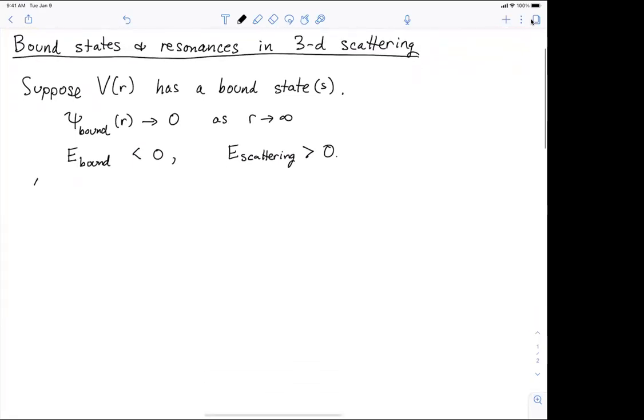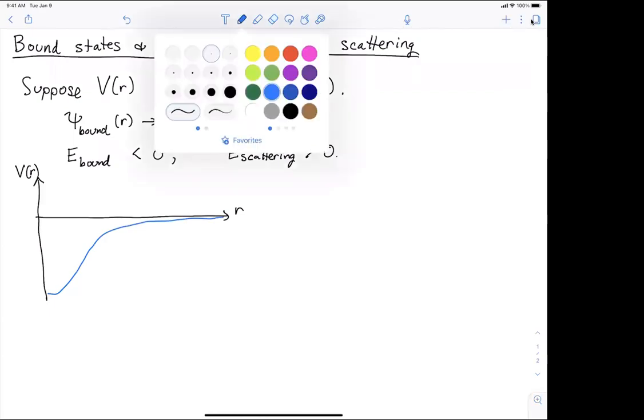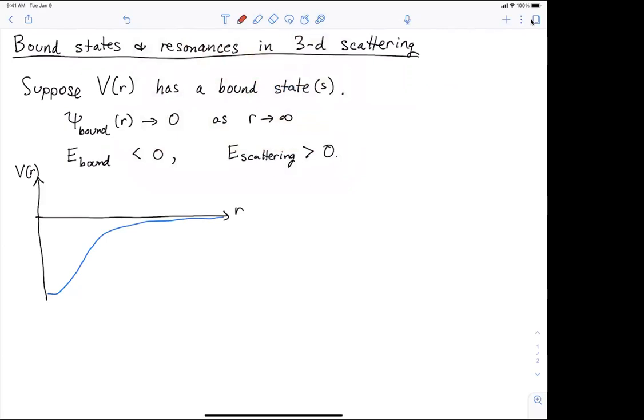Okay, so just to draw a picture, let's draw a typical attractive potential, meaning it's negative here. So maybe it looks something like that, and it's going to 0 at infinity. It's got some finite range. And then we could also draw the energy levels. If there's a bound state, the energy level is here, let's say. Just like the hydrogen atom, the bound states had negative energies.